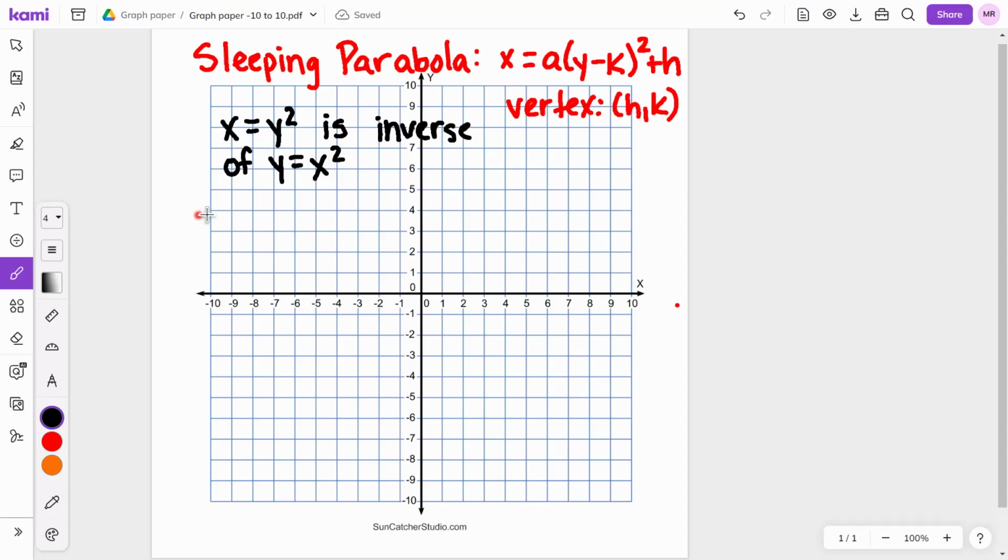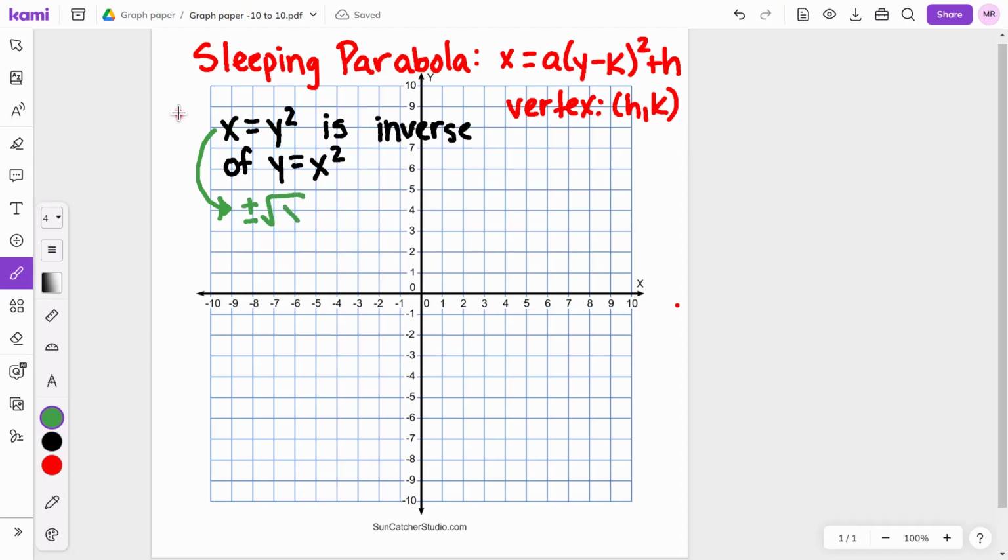So I'm going to graph x equal y squared, but first I want to rewrite it so that we see if I was to get this to be in y equal form, I'm going to have to take the square root of this, which means I'm going to square root both sides. So when I square root my x, I get a positive and a negative.